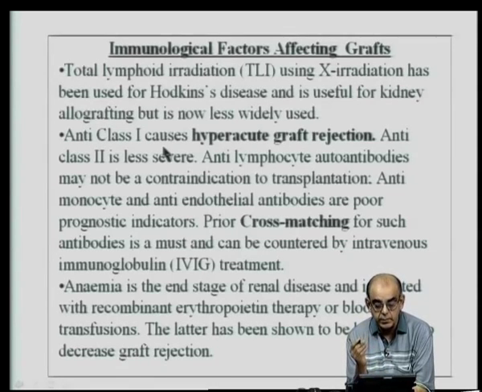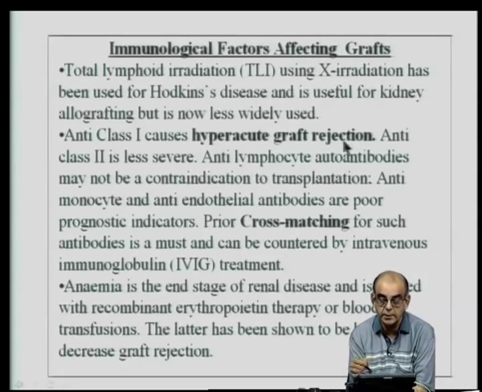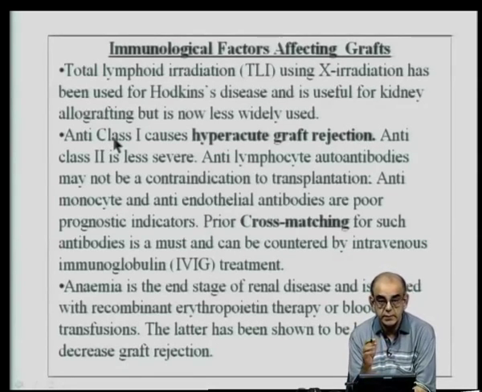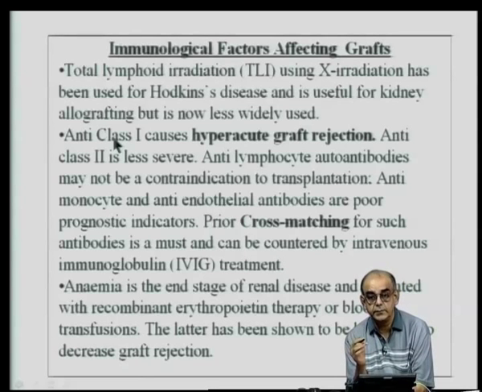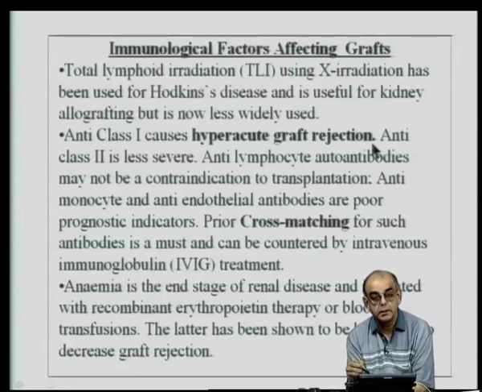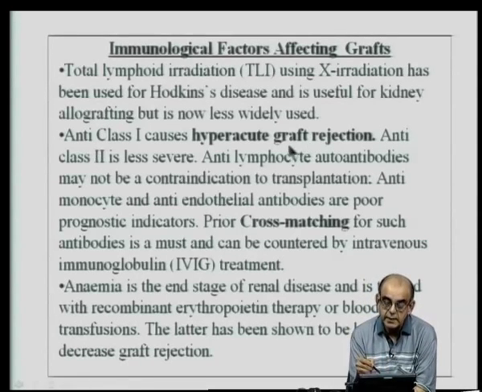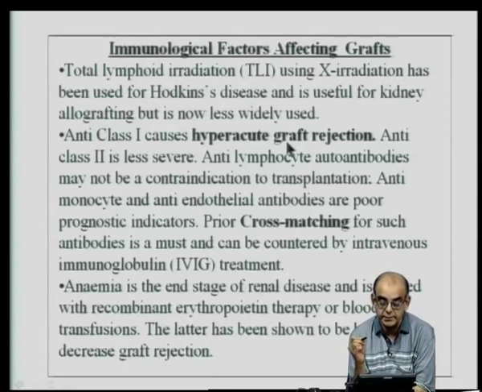Anti-class 1 antibodies cause hyperacute graft rejection, HGR. This is in fact a term that is used in transplantation studies. So, if there are anti-class 1 antibodies already present within the individual before the grafting occurred, then you have a very rapid graft rejection reaction. Anti-class 2 is less severe in causing hyperacute graft rejections.